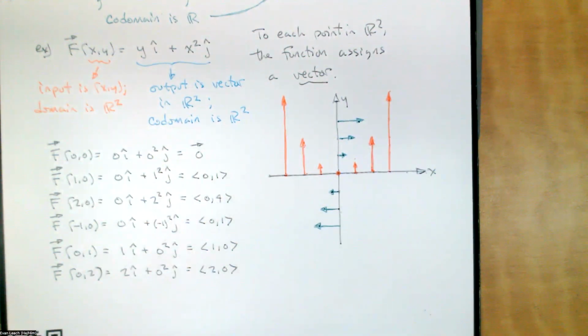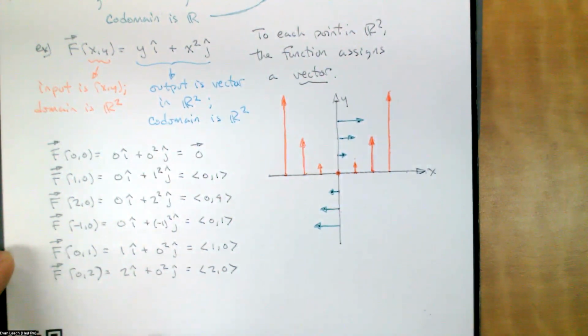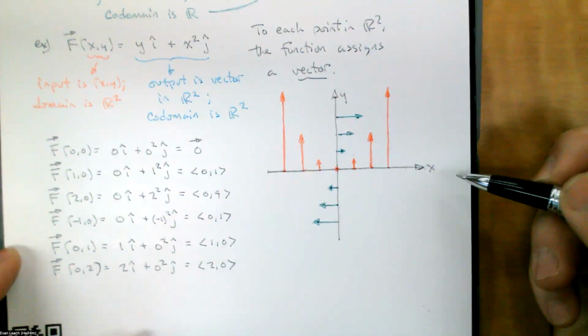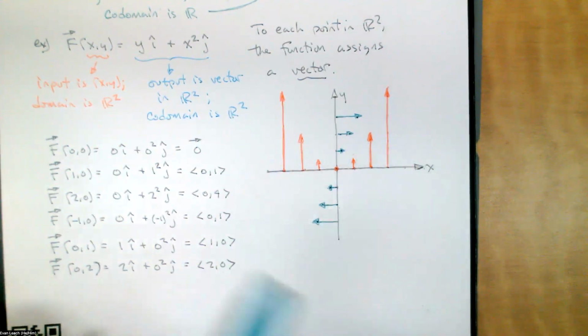None of this is very surprising. All the x squared values are going to give us positive values, so all these vectors should go up in the y direction. But in the x direction, we see when y is positive, we go to the right, and when y is negative, we go to the left. Let's plot some other points. Let's say the point 1, negative 1.